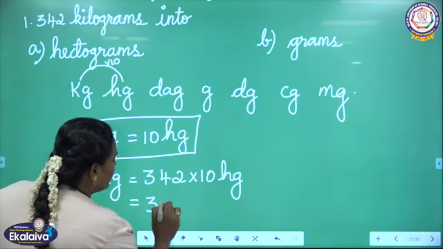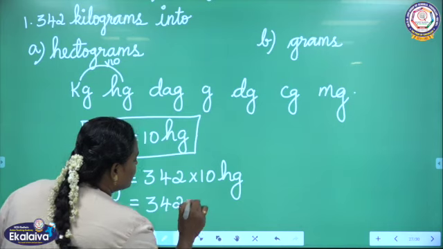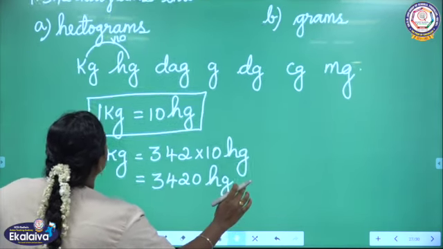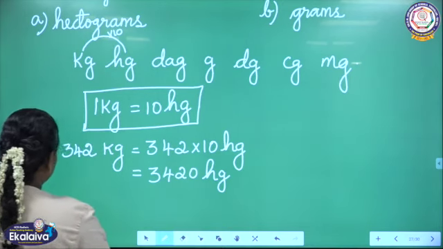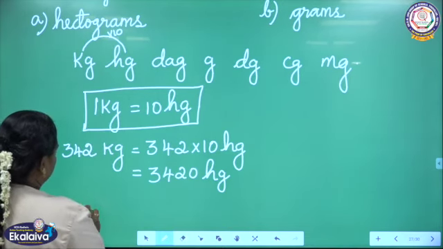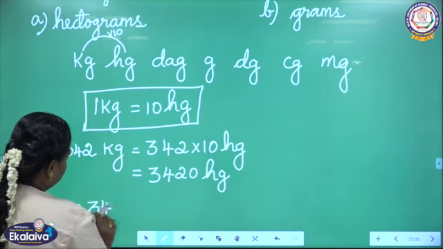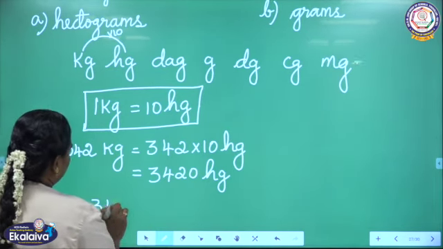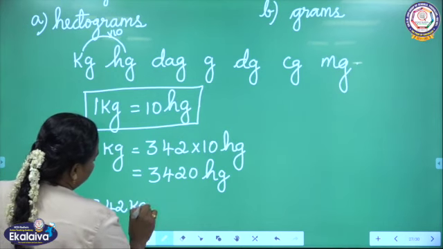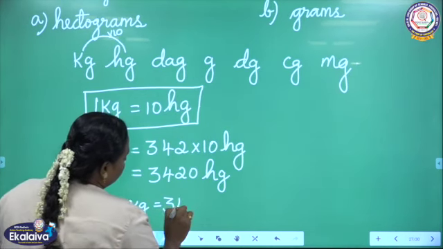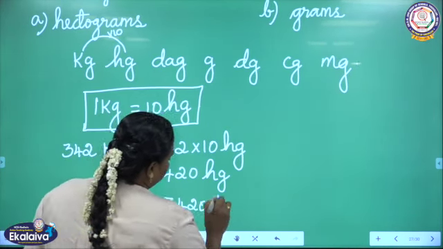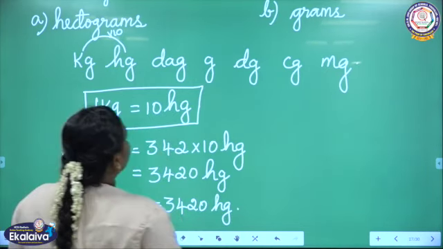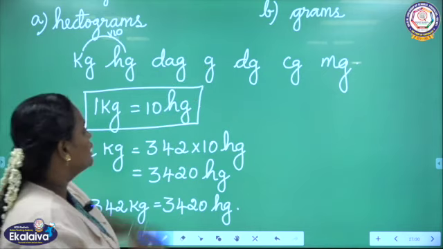So 342 into 10 is 3420 hectogram. Answer: 342 kilogram equal to 3420 hectogram.